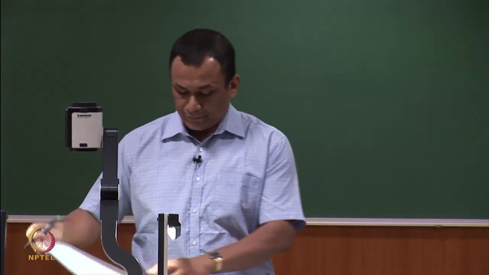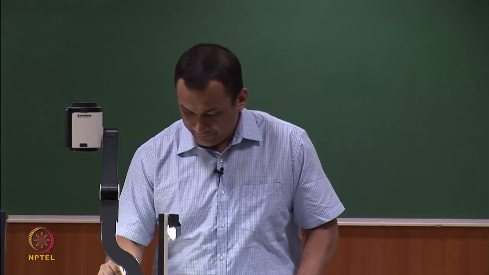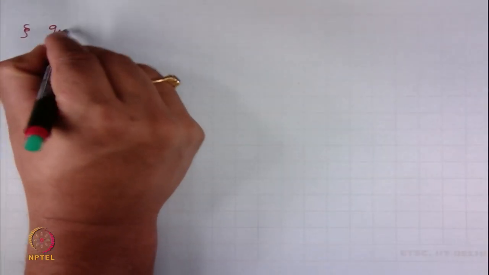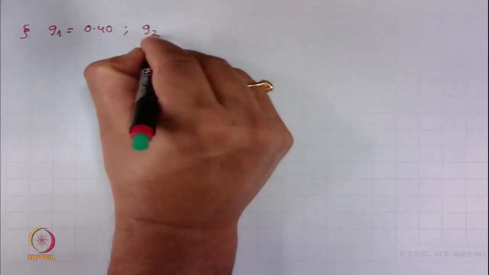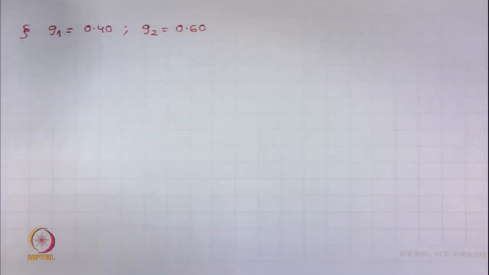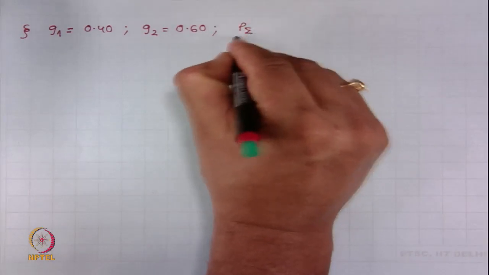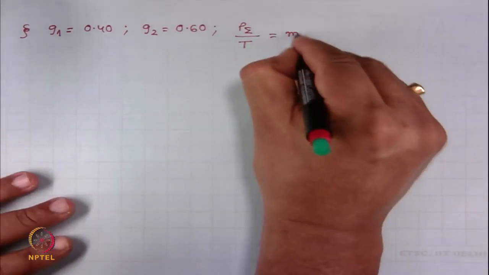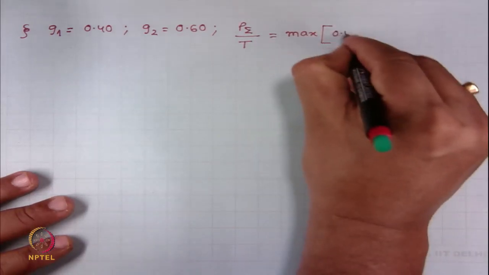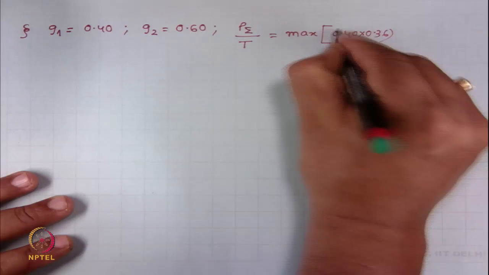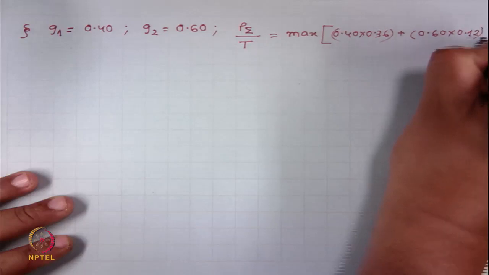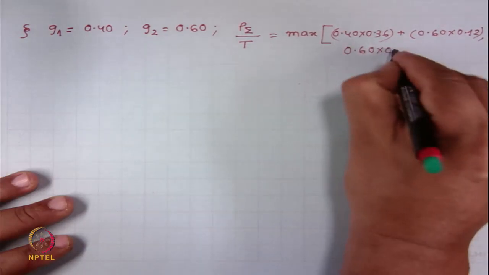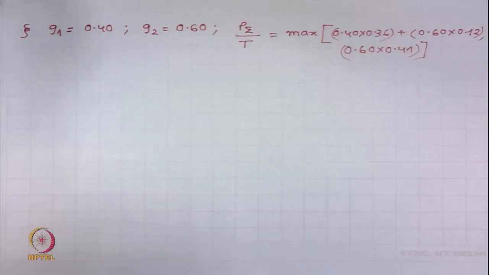We continue for the other blends. G1 is equal to 0.40 and G2 is equal to 0.60. At this blend ratio, what will be the bundle tenacity? Maximum of 0.40 into 0.36 plus 0.60 into 0.12, comma, these two.